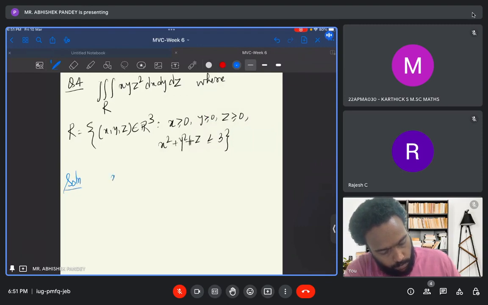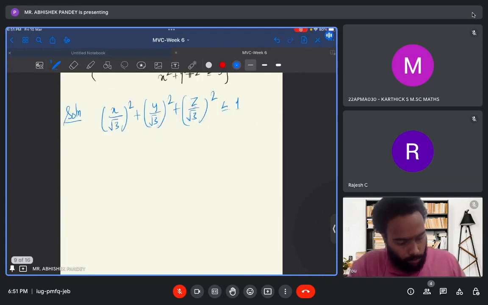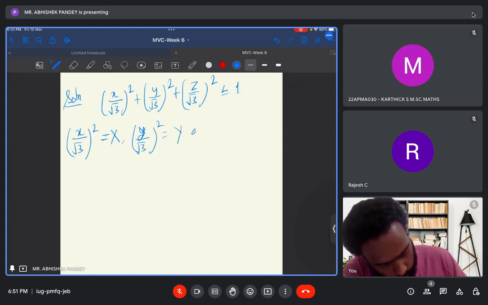So what we are going to do is x by root 3 whole square plus y by root 3 whole square plus z by root 3 whole square is less than or equals to 1. Here the transformation is x by root 3 whole square is equals to x, y by root 3 whole square is equals to y, and z by root 3 whole square is equals to z.